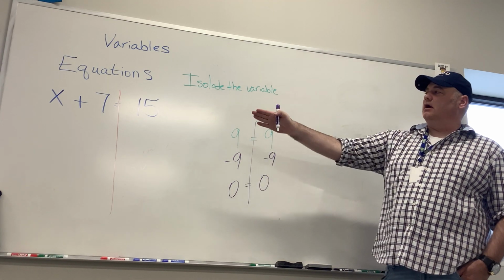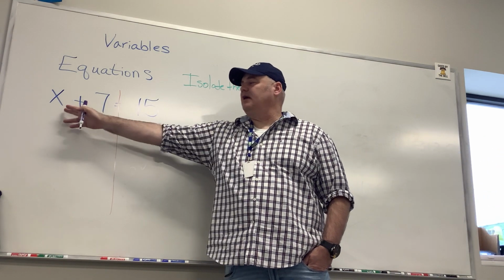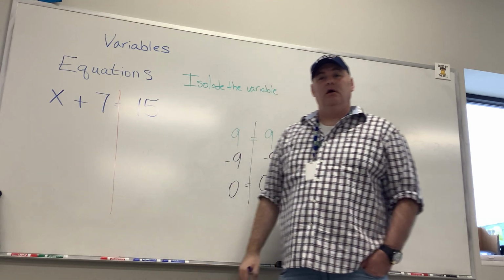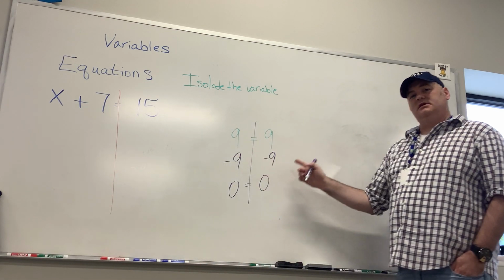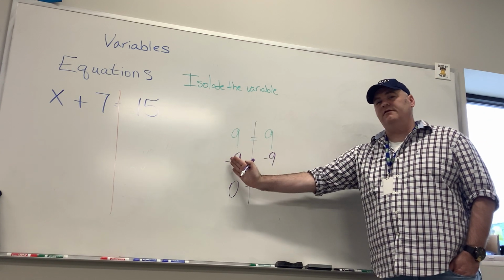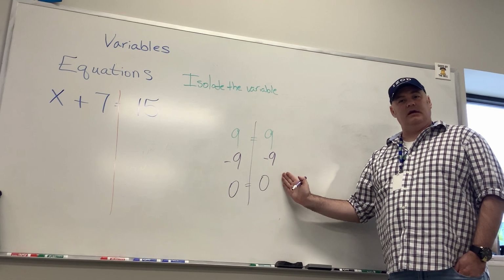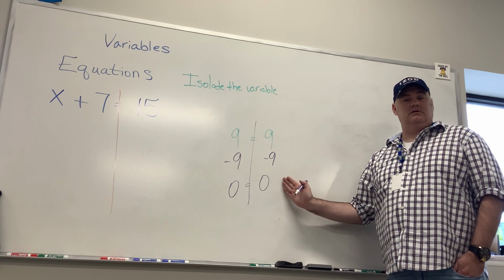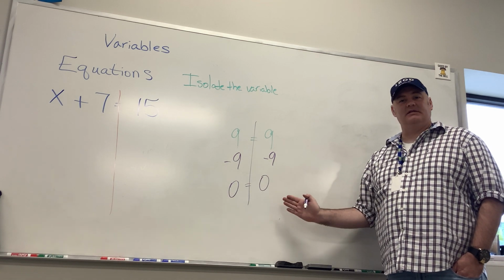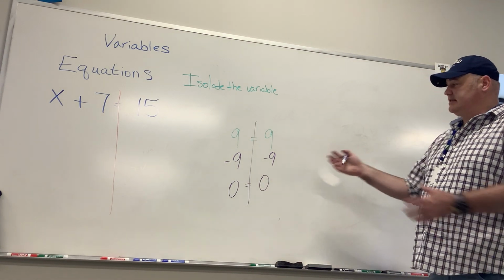The problem is over there, we've got this variable, and these aren't the same numbers. It can be anything, but this concept is still true. If I take something away from over here, then as long as I take away the same thing over here, it's going to come out the same. And it's the same thing with addition.